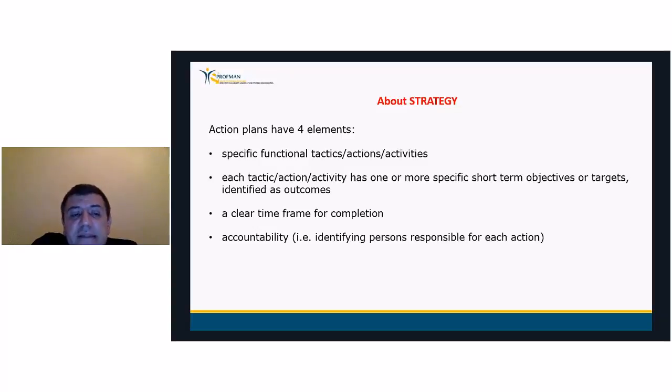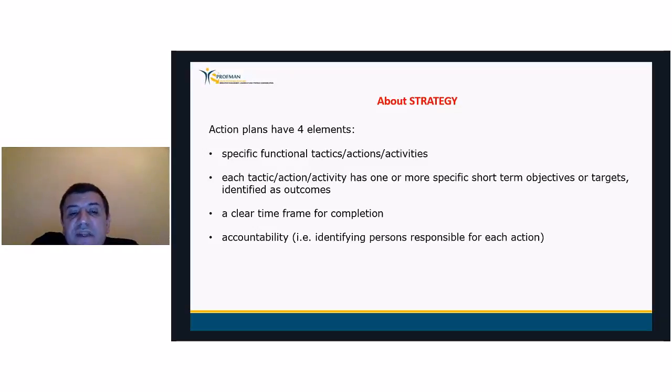Action plans have four elements: first, specific functional tactics, actions, or activities; second, each tactic, action, and activity has one or more specific short-term objectives or targets identified as outcomes; thirdly, a clear time frame for completion; and finally, accountability, which is identifying persons responsible for each action.